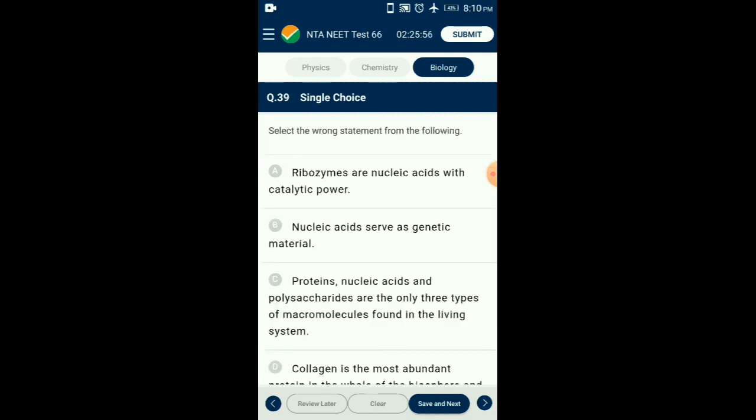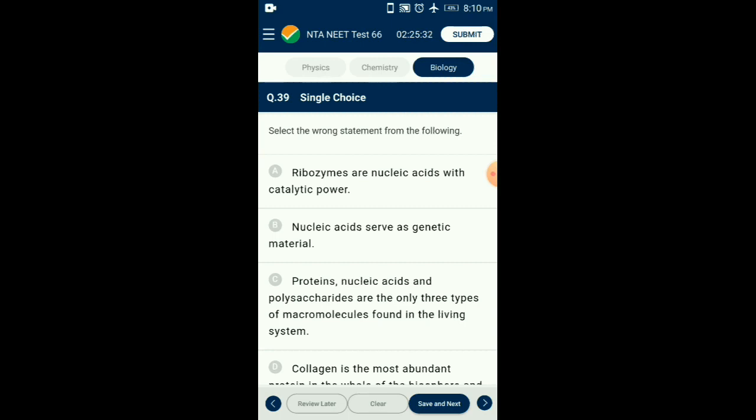Question number 39. Select the wrong statement from the following. Collagen is the most abundant protein in the animal world, and ribulose bisphosphate carboxylase oxygenase is the most abundant protein in the whole of the biosphere. Collagen is the most abundant protein in the human body.